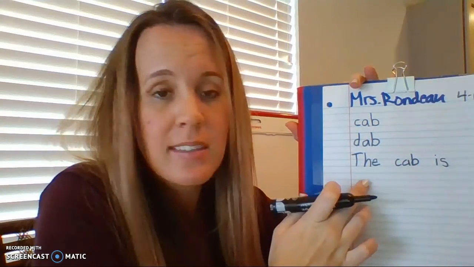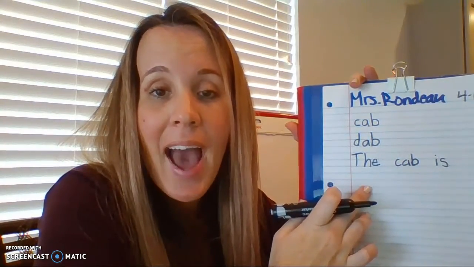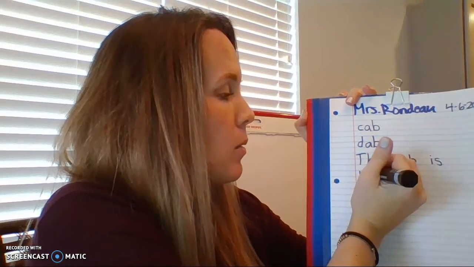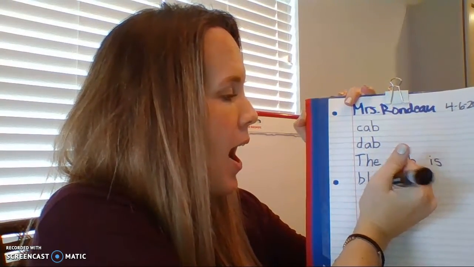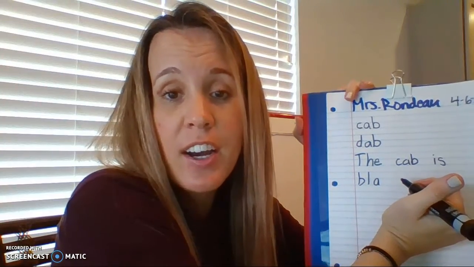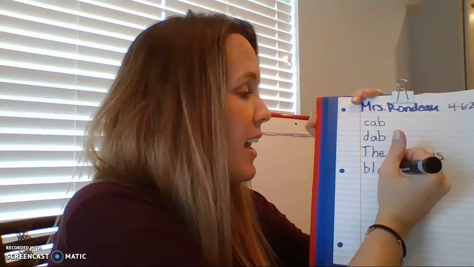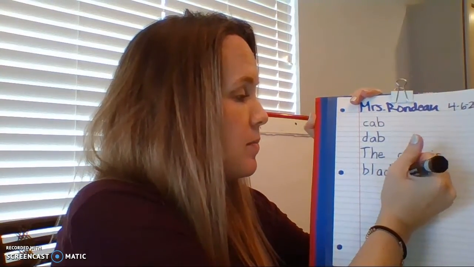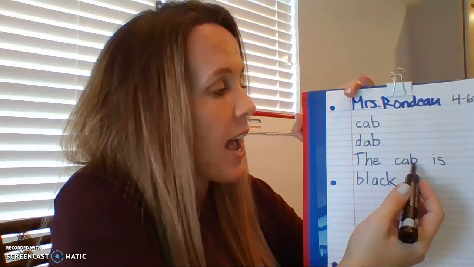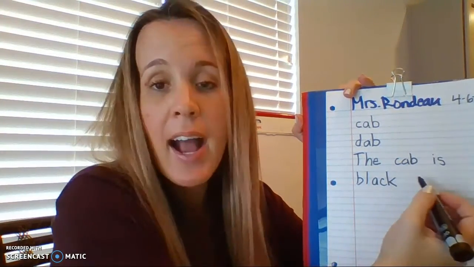I'm running out of room on my paper, so I'm going to go to the next line. Black. Let's do it. Ready? Black. And this one is tricky because at the end, when it makes a k, it's letters C and K. Okay, let's read it. The cab is black.